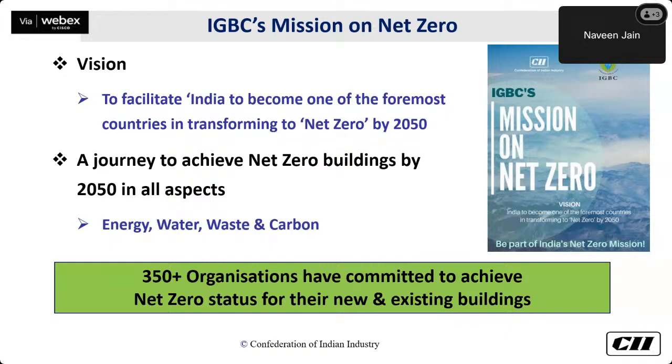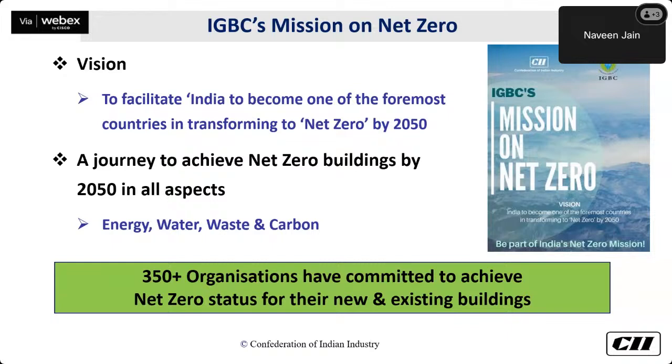Why are we talking about the building sector being net zero by 2050? Because India as a nation has come up with a very ambitious target to become net zero by 2070. It was declared in COP26 that India will become a net zero country in operations by 2070. So why is this most important for the building sector?